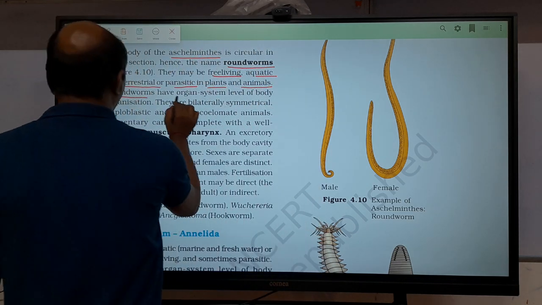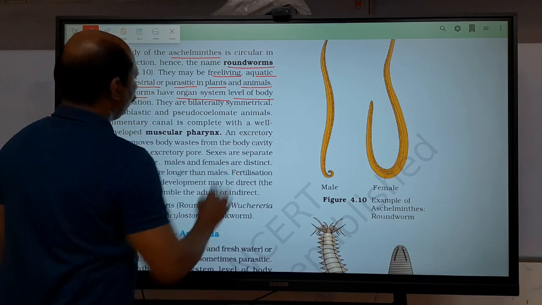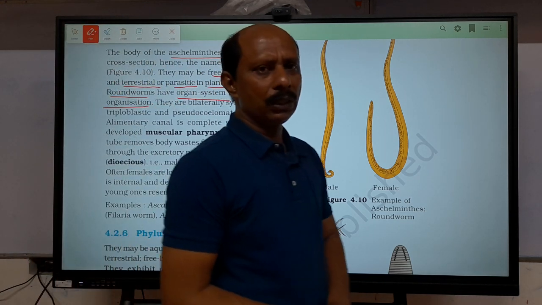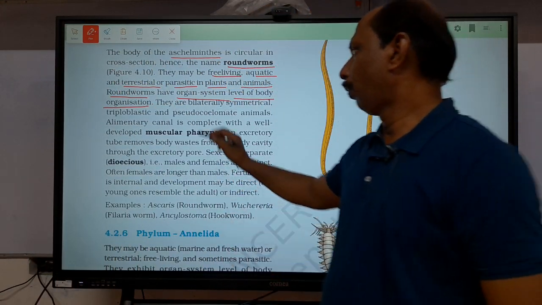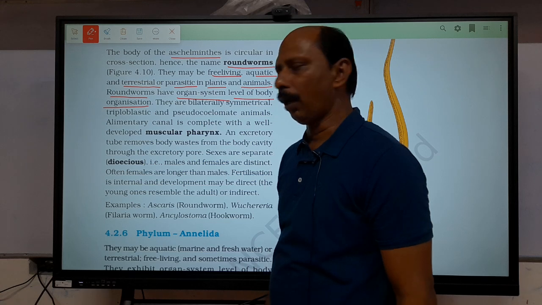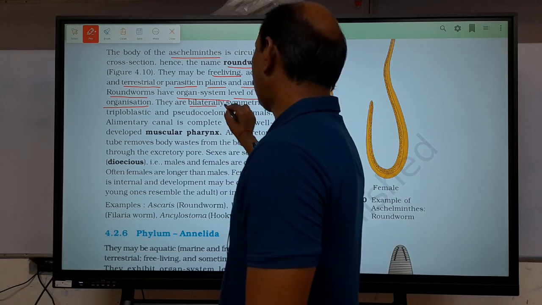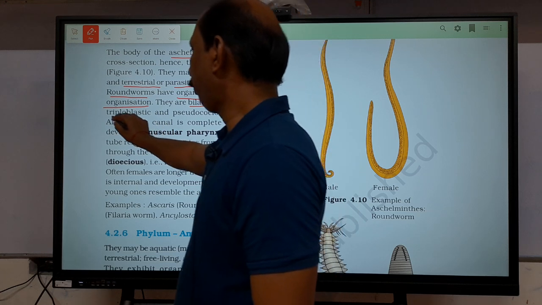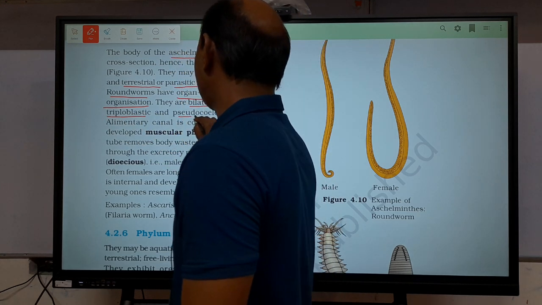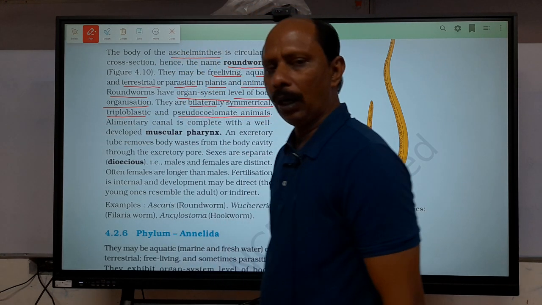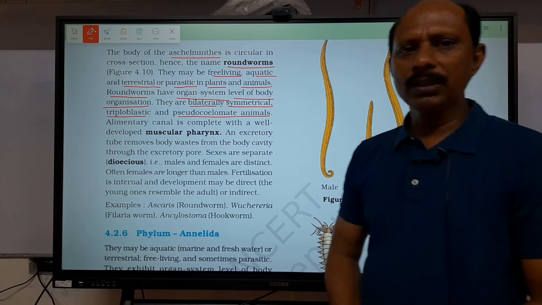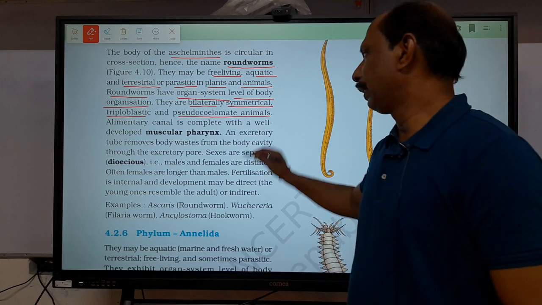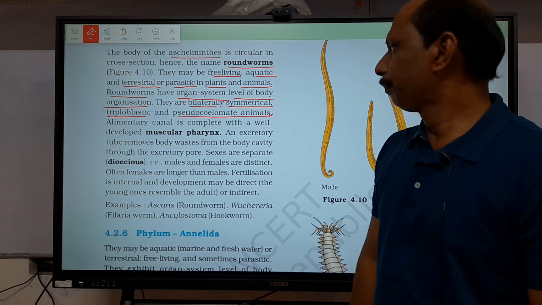Roundworms have an organ system level of body organization. They are bilaterally symmetrical, triploblastic and pseudocoelomate animals. It is the only phylum in which the pseudocoelom cavity is present, that is Aschelminthes, right?